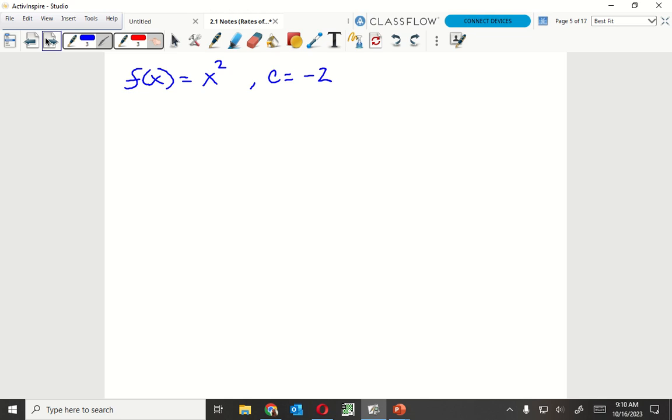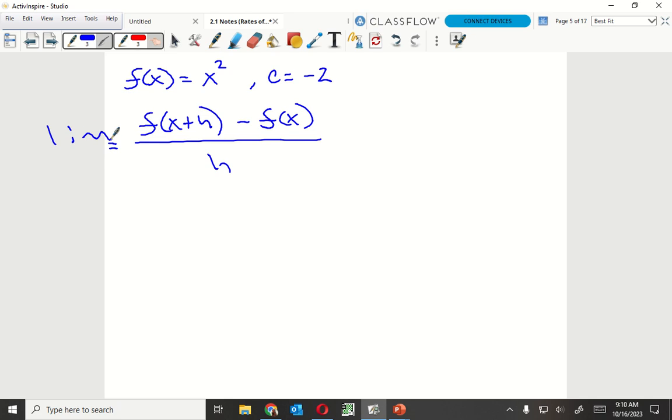Remember, it was f of x plus h minus f of x over h. You guys remember that? Yeah. And that's the limit as h approaches 0. Yes, no, maybe? Kinda?